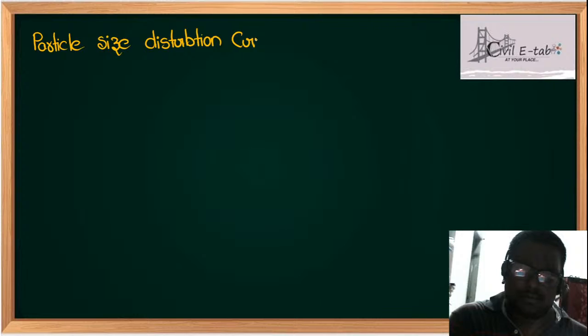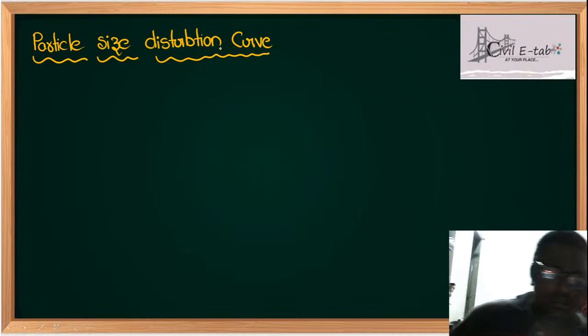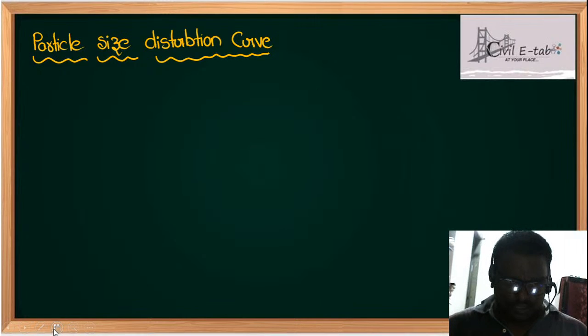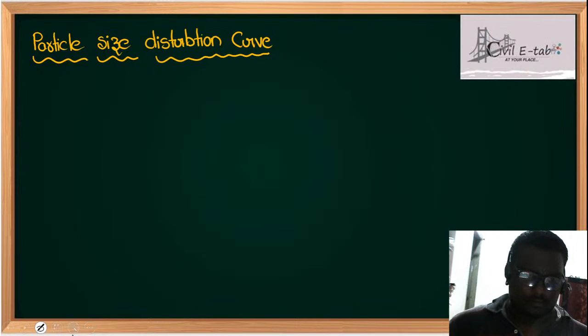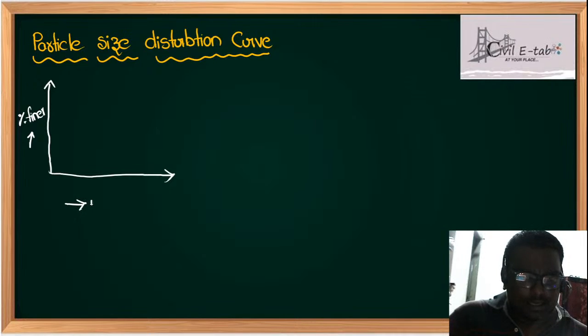Most people will ask you about it. Now, in the particle size distribution curve, a graph is drawn between percentage finer, which is also known as percentage of passing, which I told you, and particle size.